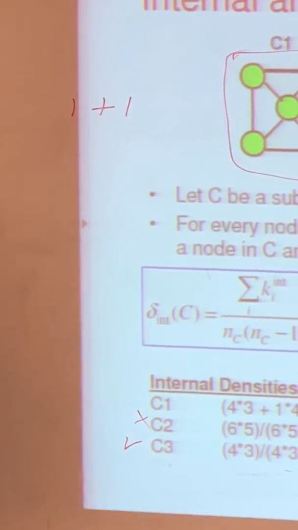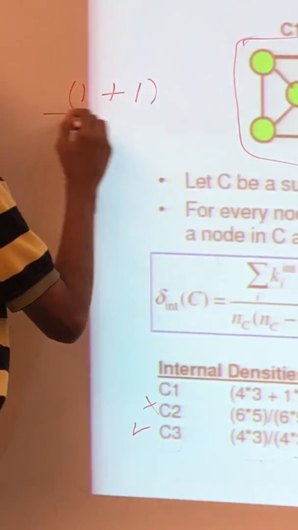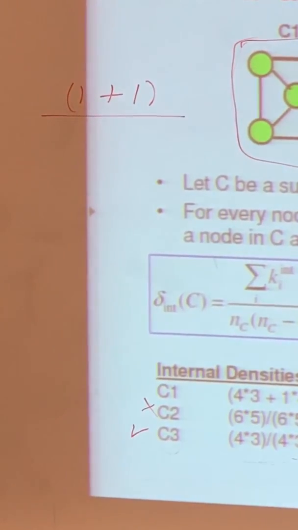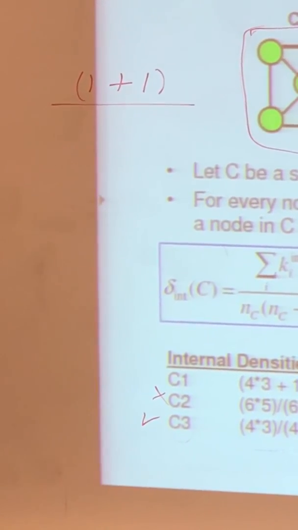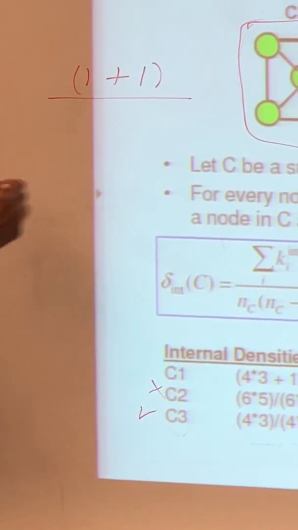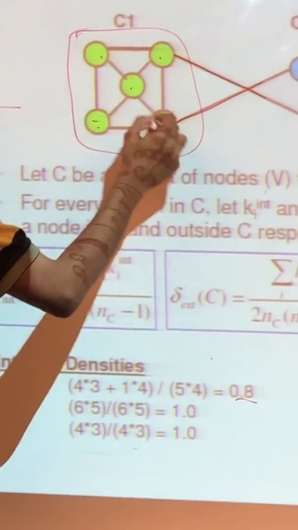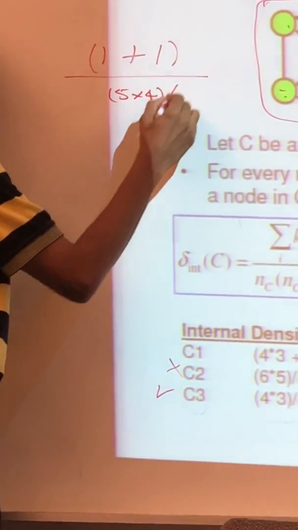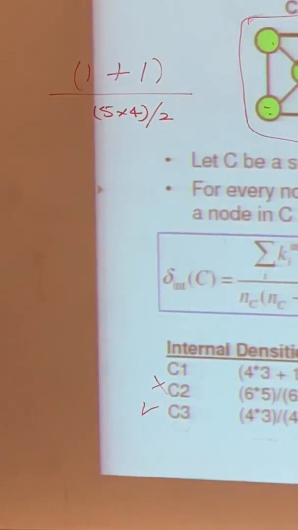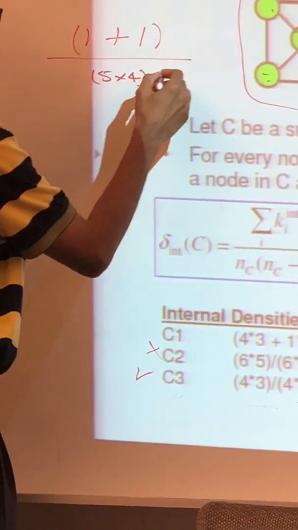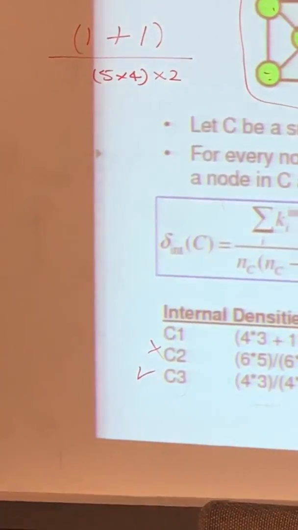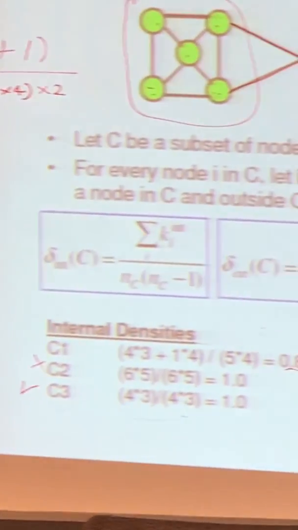Isn't it? So when you divide this by the maximum possible number of edges as usual, so this is the actual number of edges, and for the maximum possible number of edges you have to again consider the 5 vertices. The maximum possible number of edges is going to be 5 times 4, divided by 2, or you can put it like this: 5 times 4 multiplied by 2.